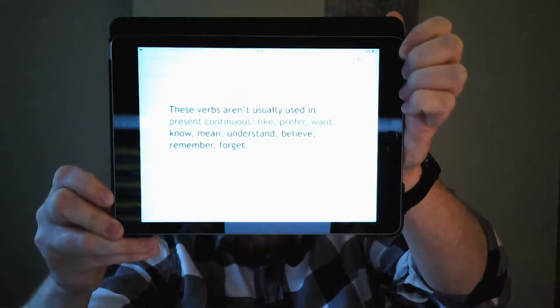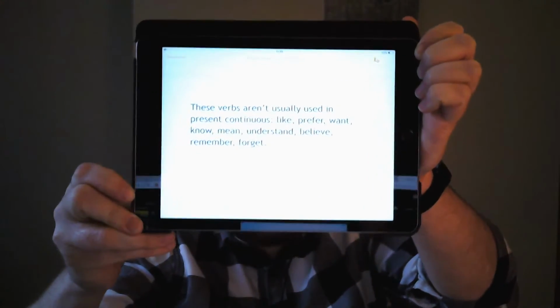So even though we're talking about now in this sentence, because we're using want, which is one of these verbs here, that means we can't use present continuous. We have to use present simple in this case. Even though we say now, which is the whole meaning of present continuous, we have to use present simple in this case because of the verb that we're using, in this case, want.